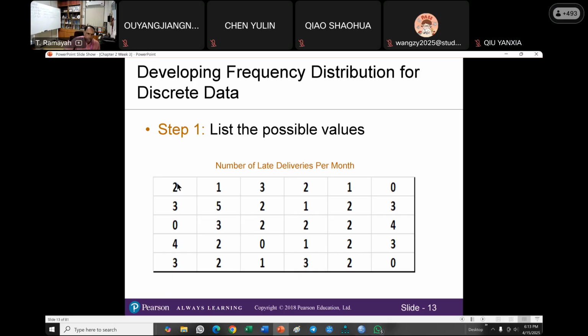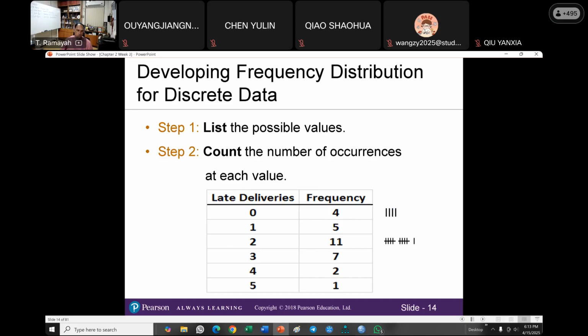Some days we get 3 late deliveries. Some days we don't have any late deliveries. So this is the number of deliveries, let's say, in a month. Now what we want to do is group them into categories. So we have 0, we have 1, 2, 3, 4, 5.